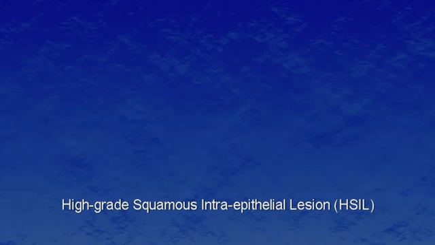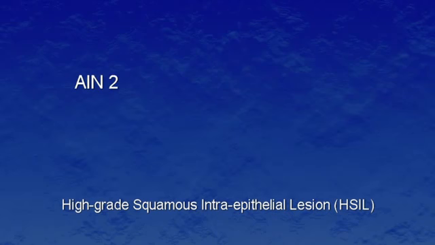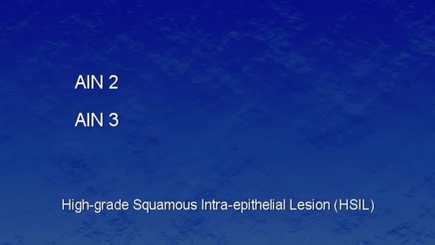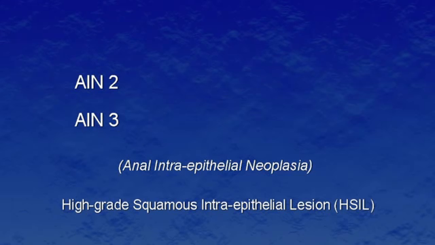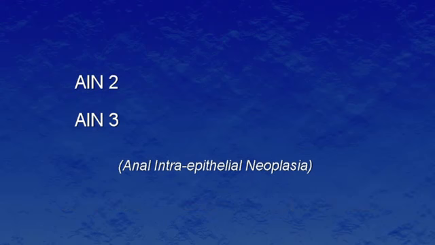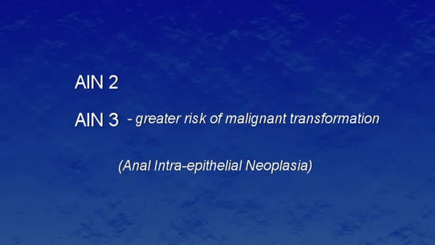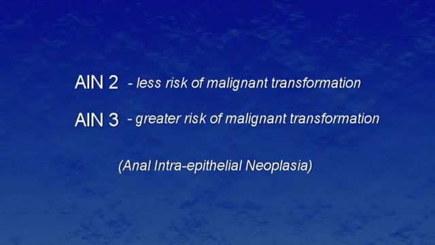On the pap test, we call them high-grade squamous intraepithelial lesion, and they can be subcategorised into AIN2 or AIN3. AIN stands for anal intraepithelial neoplasia. AIN3 carries a greater risk of malignant transformation than AIN2.